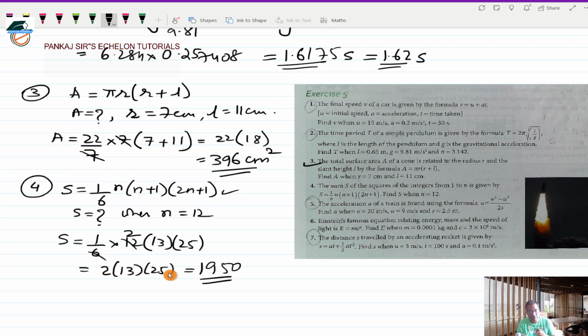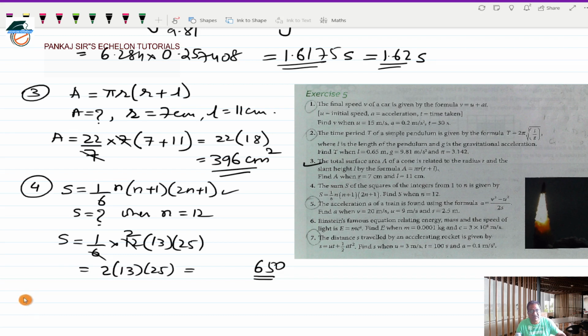So it should be 2 times 13 times 25 and that works out to 650. Okay, so 1950 is not the correct answer. It is 650. Fine. Okay, so we have completed our question number 4 as well.